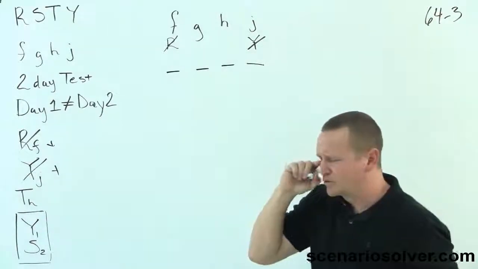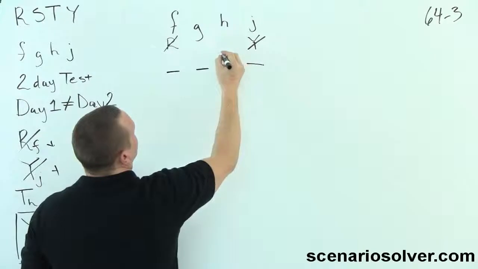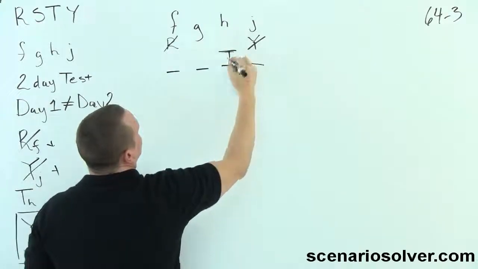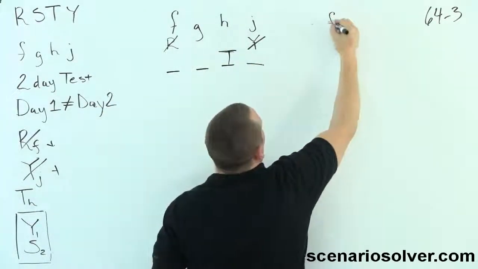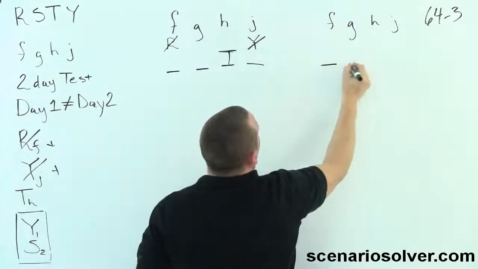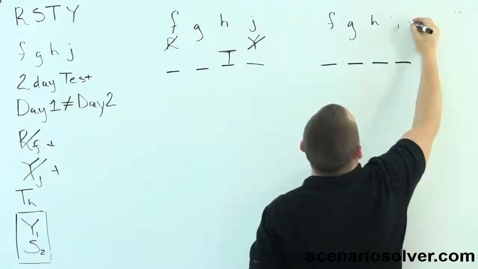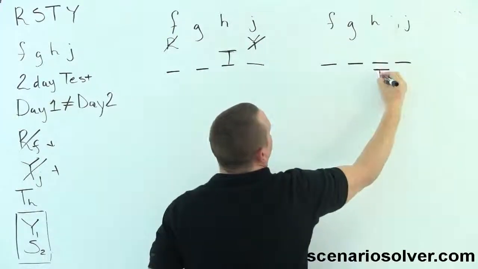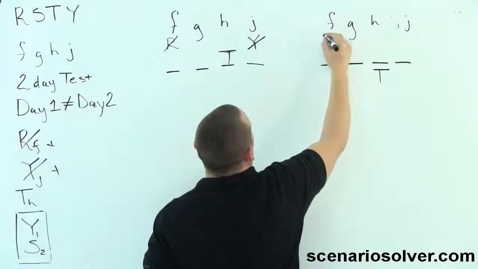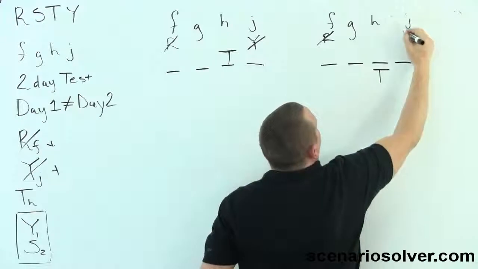Now we're going to look at the rule with T. So we need to break this up into 2 worlds. T occurs with H on the first day in the first world, and then we just come over and place T on day 2 in the second world, and move this R and Y over.